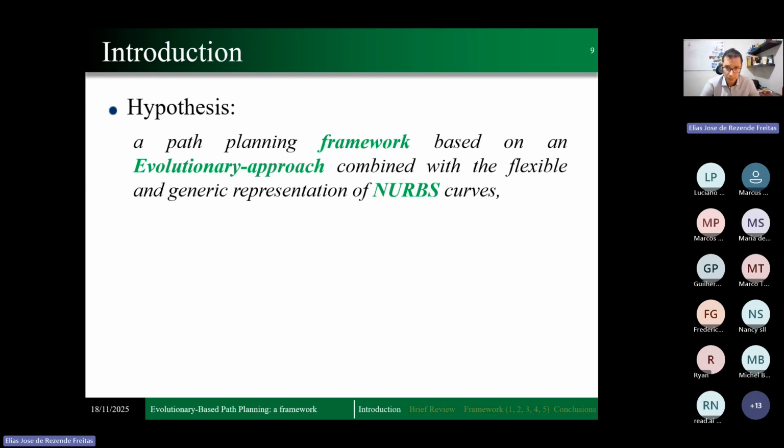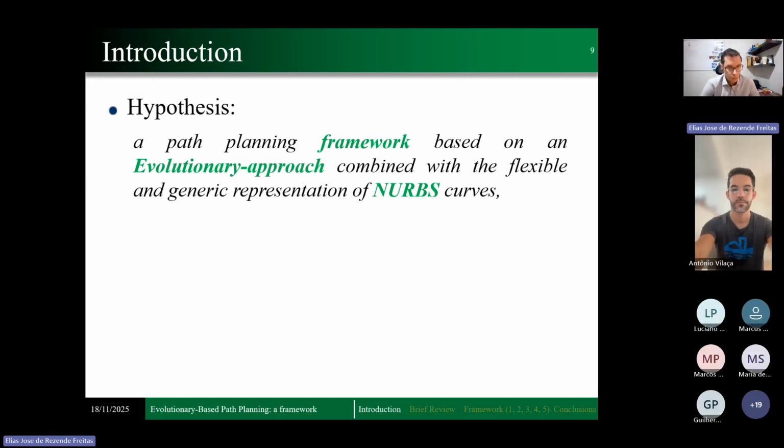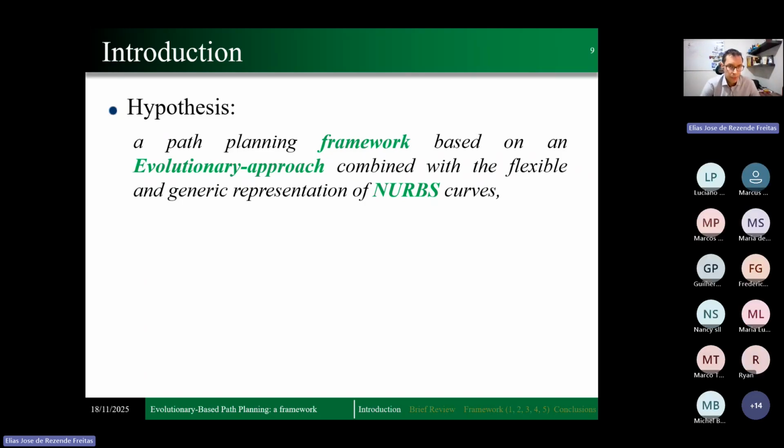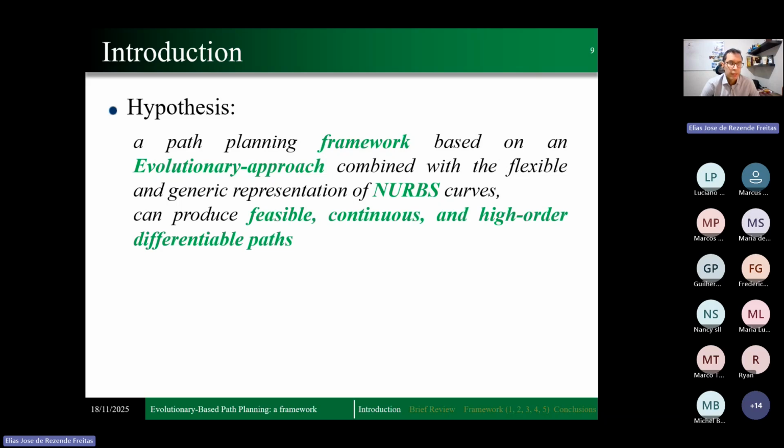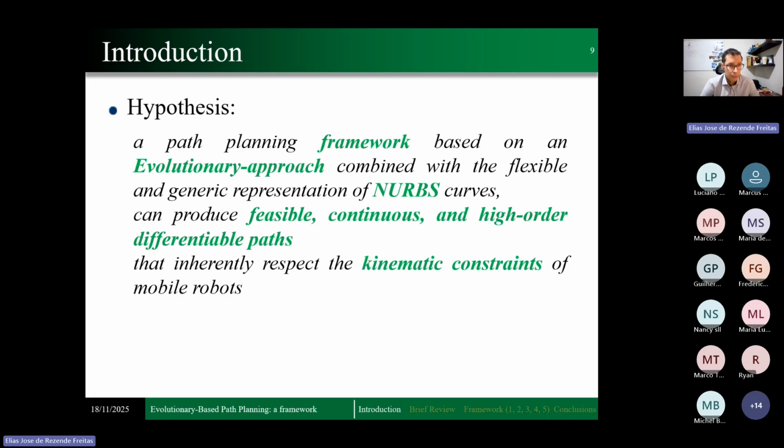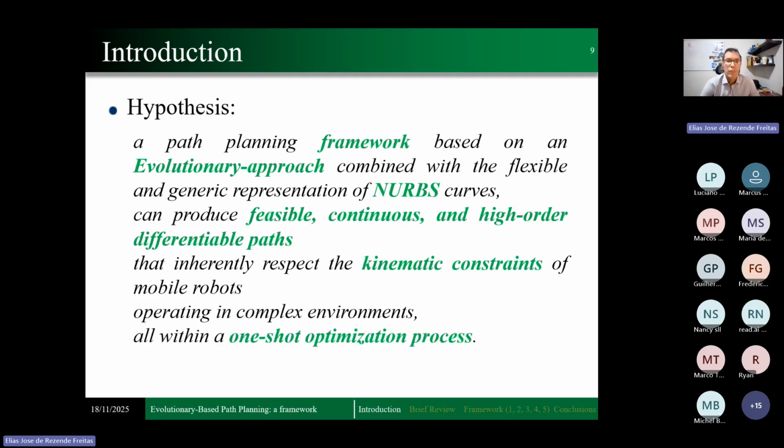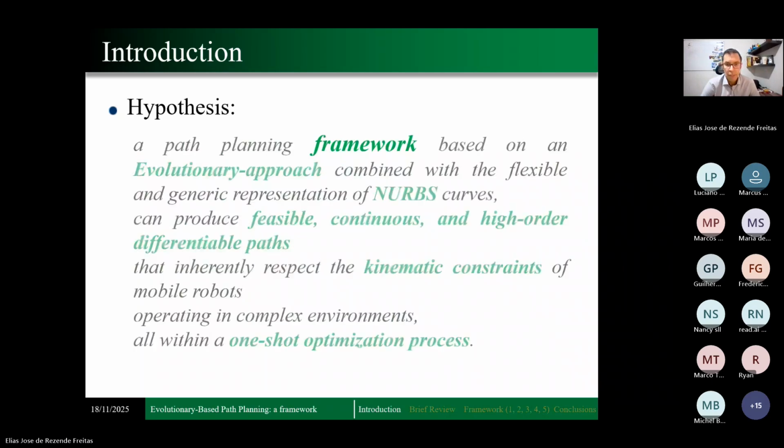Our hypothesis is that a path planning framework based on an evolutionary approach combined with the flexible and generic representation of NURBS curves can produce feasible, continuous, and high-order differentiable paths that inherently respect the kinematic constraints of mobile robots operating in complex environments, all within a one-shot optimization process.